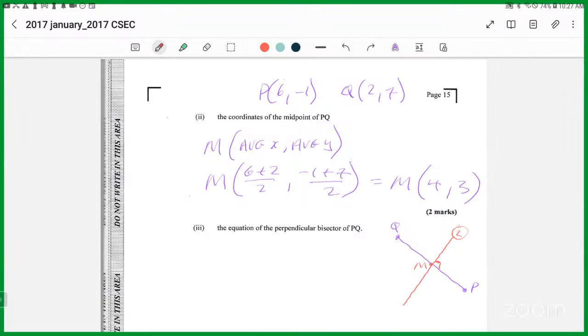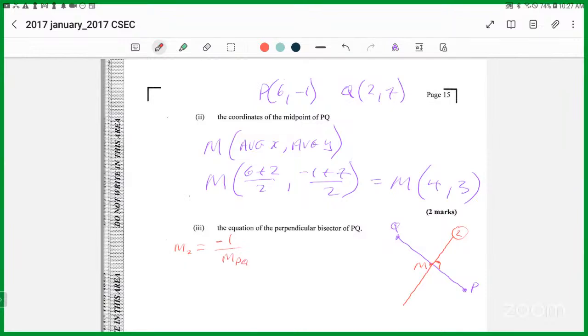Now, to find the equation of this line 2, we need to know 2 things about it. We need a gradient and a point. We have the point already. Point is 4, 3. We need a gradient. Now, the gradient of the perpendicular bisector, which is called m2, becomes equal to minus 1 over the gradient of the first line, the PQ line, because they are perpendicular.